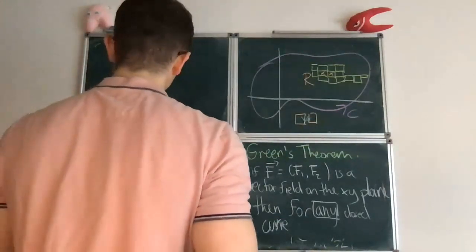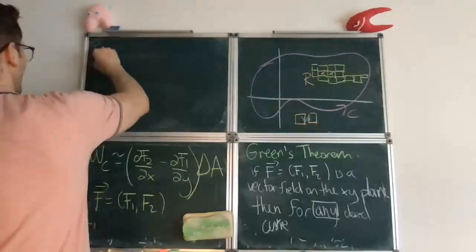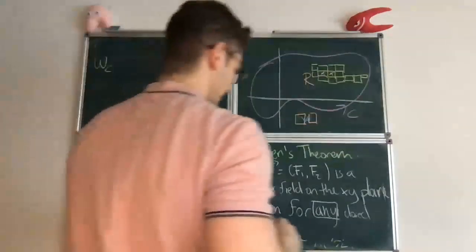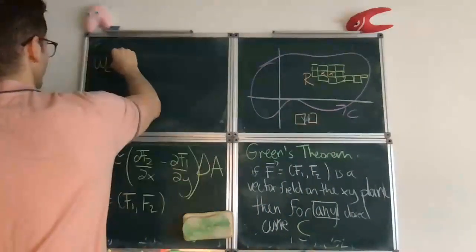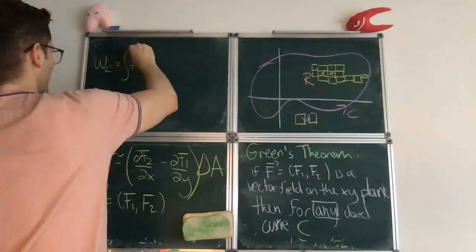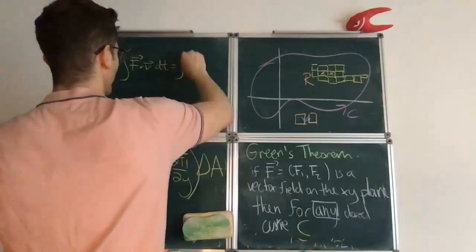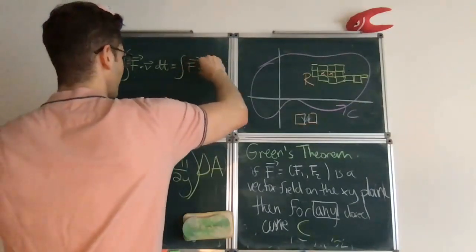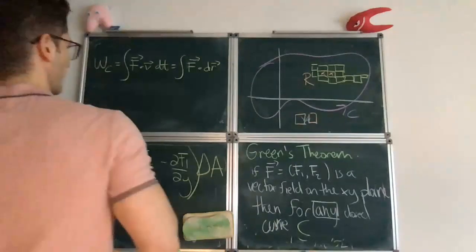What we're saying is that the integral, the work along this curve, right, for any closed curve C, which is again, remember, F dot v dt, or F dot dr if you prefer. This is the usual definition of the work.